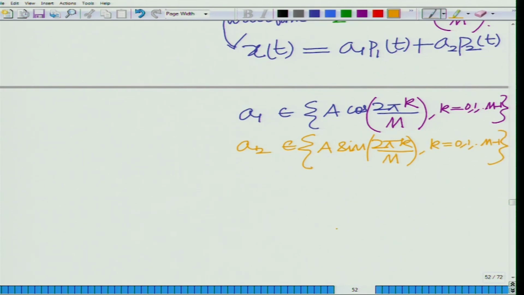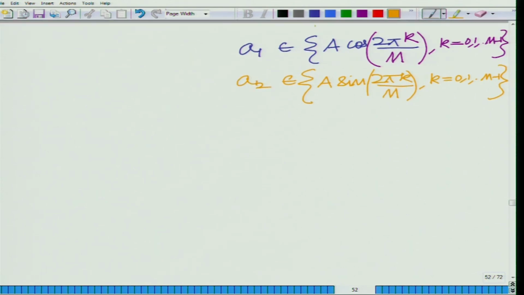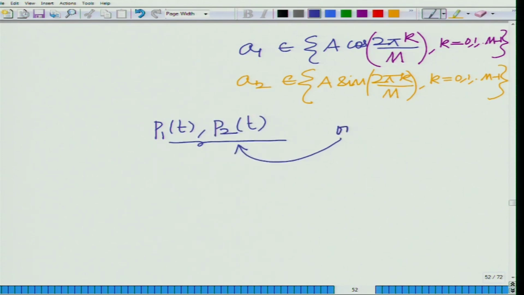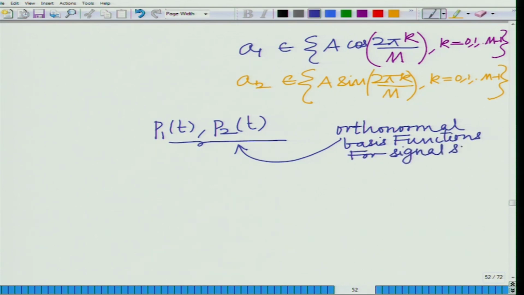Of course, as we have seen before, P1t and P2t are the orthonormal basis functions of the signal space.